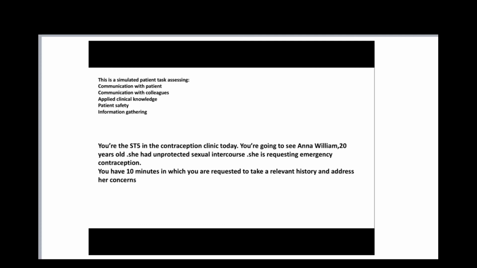Its mechanism of action is to prevent your ovum from coming out of your ovary. So if this has already happened, Livonnel will not be effective in protecting you from pregnancy. Okay.